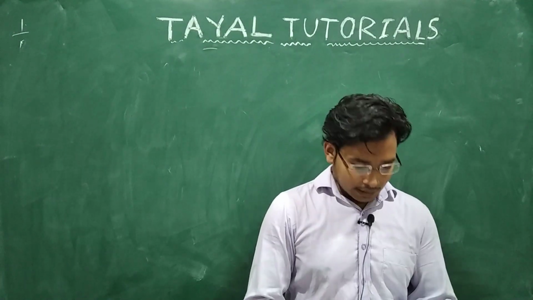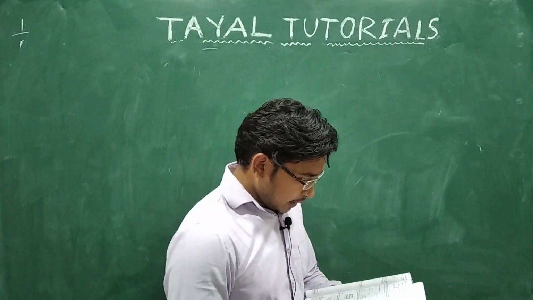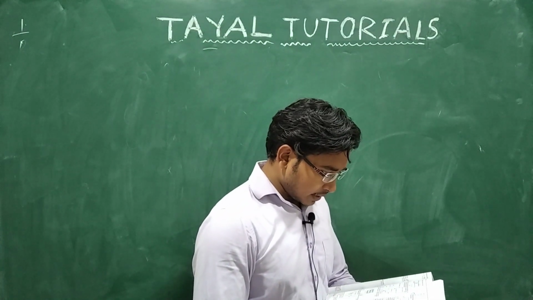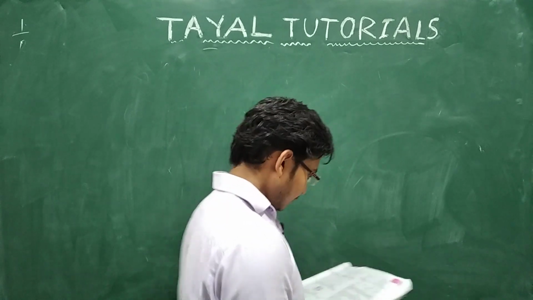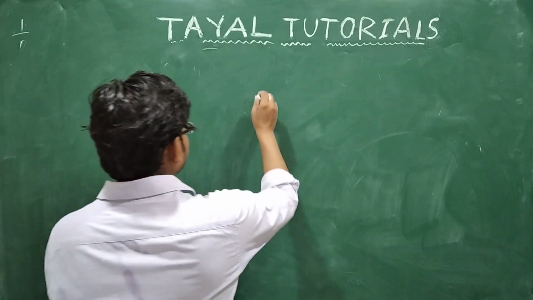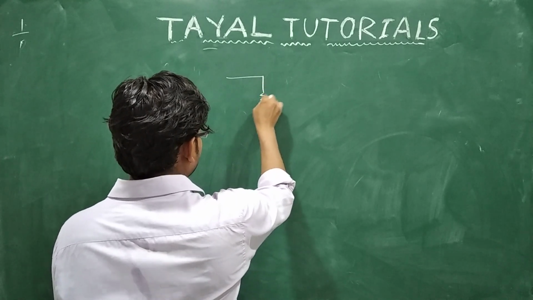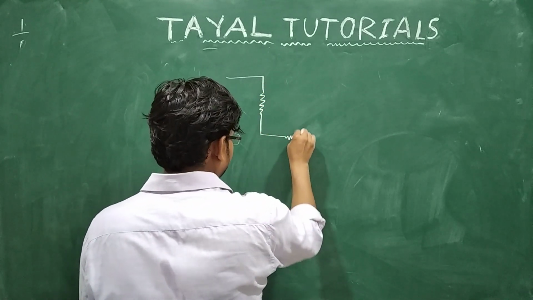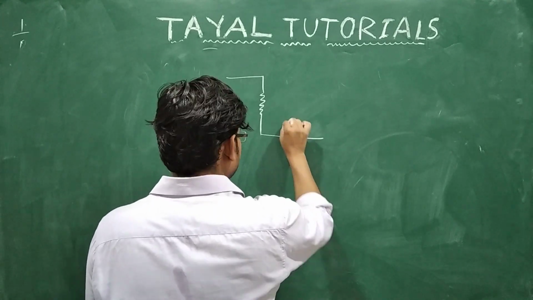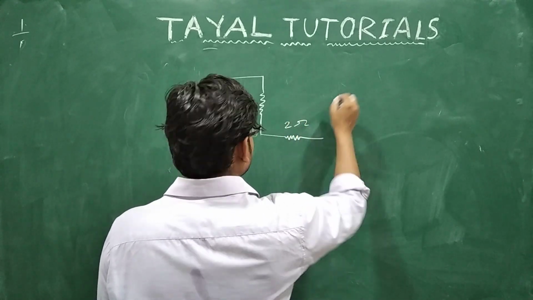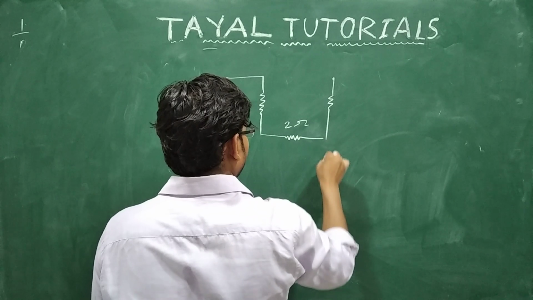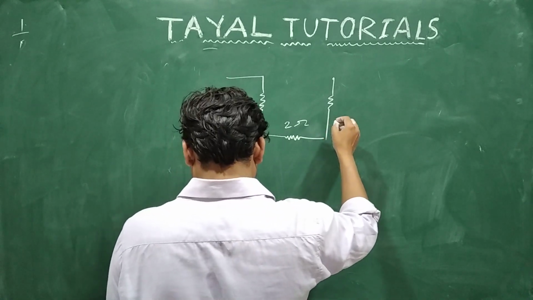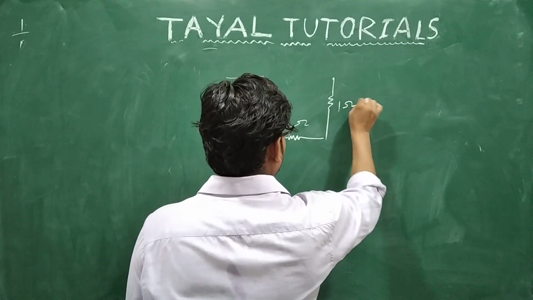Okay. Let's start with the next question. Find the value of current through the 2 ohm resistor for the given circuit. Okay. The circuit they have given was already asked in the previous question. This is 2 ohm. This is 1 ohm.